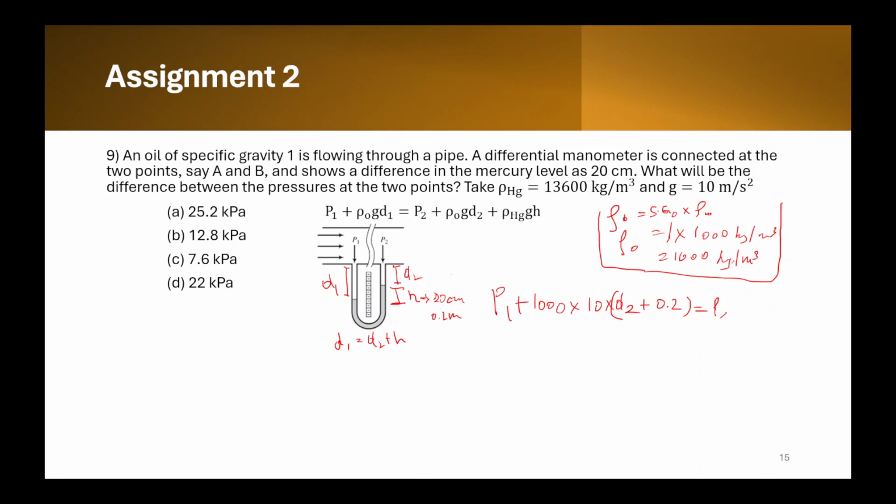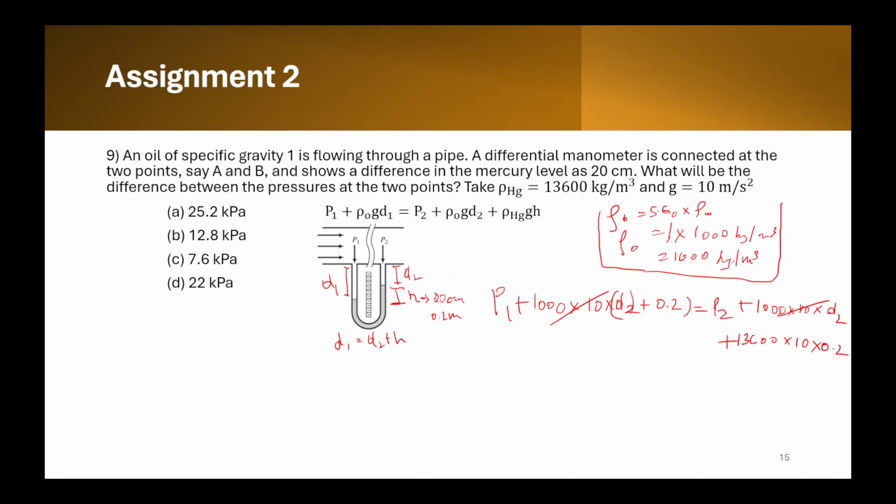Then it is equal to P2 plus again 1000 into 10 into D2. So this is this column. We are considering this column. This is the value for this column plus the manometric fluid. So 13,600 into 10 into H. So H again is 0.2. So here we can see that this and this get cancelled. Only this 1000 into 10 into 0.2 will remain.